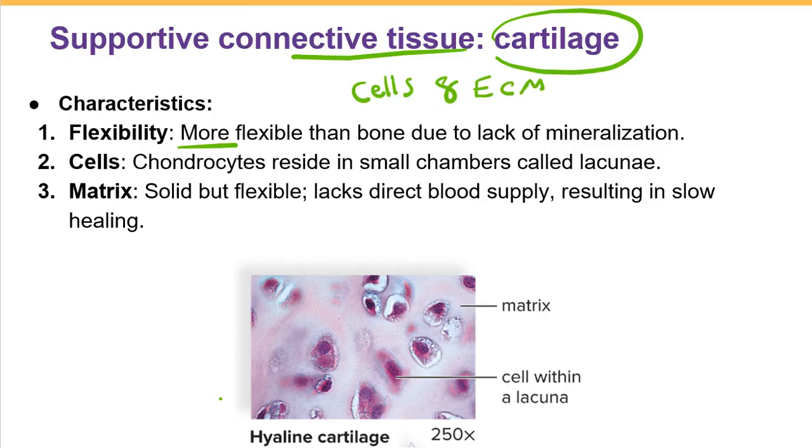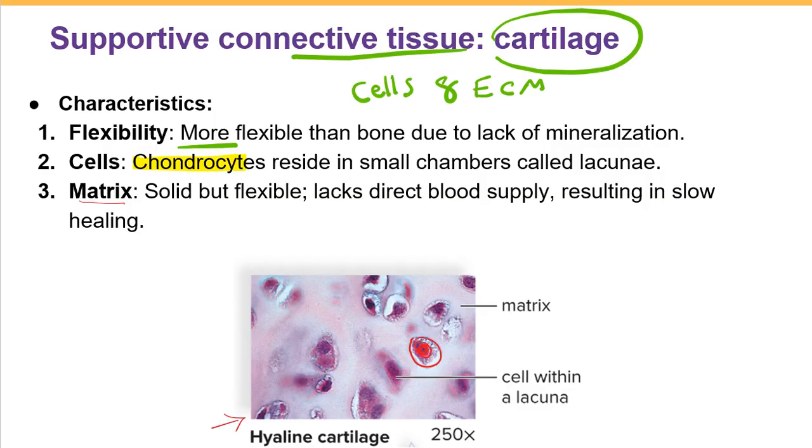The cells are called chondrocytes, which are found inside a small chamber called a lacuna. As you can see here in this histology picture of cartilage, you can see the chondrocyte inside this space, which is called the lacuna. And then the matrix is everything found around these cells.